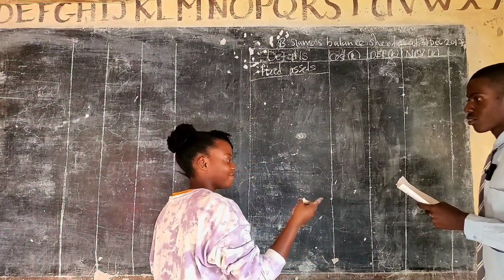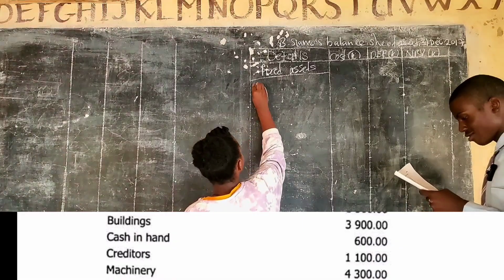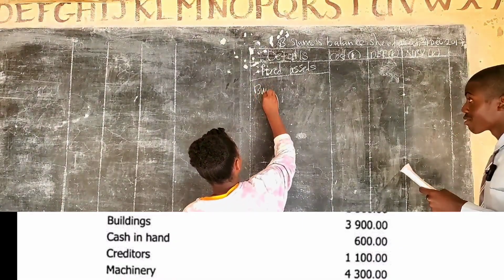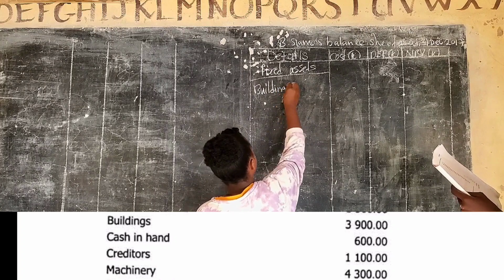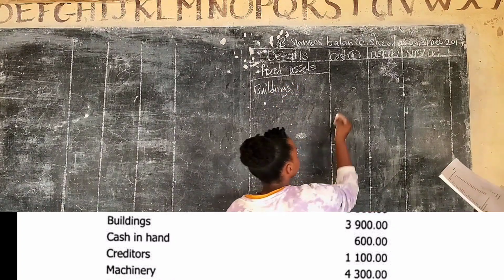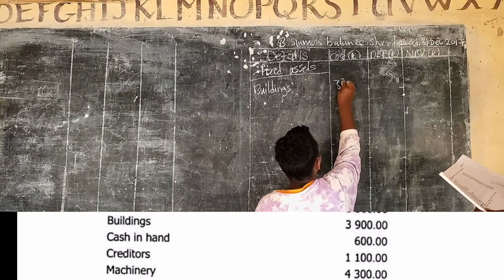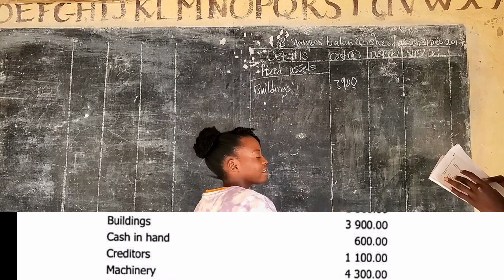What do we have? You can read out the buildings. How much? 3,900. What else?